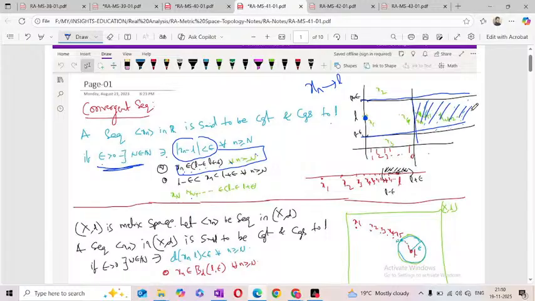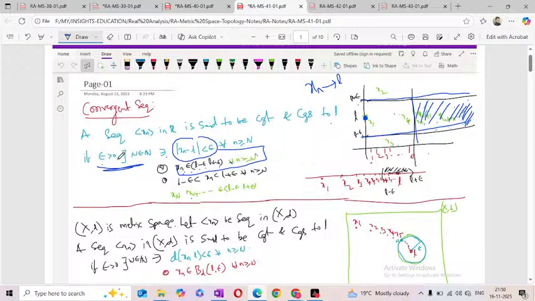After the Nth term onwards, each and every point must be in between L minus epsilon and L plus epsilon, but for 1 to N, they may be inside or outside, we don't know. But after the Nth term onwards, each and every point must be inside the interval. That type of sequence we call convergent to L.